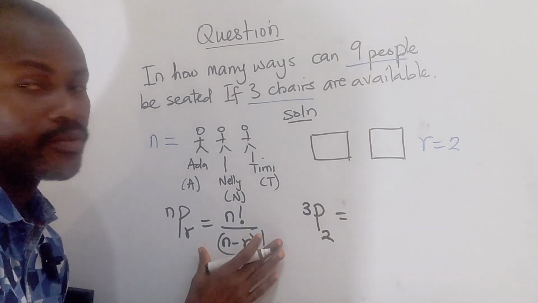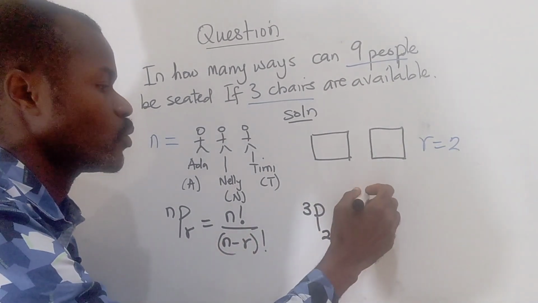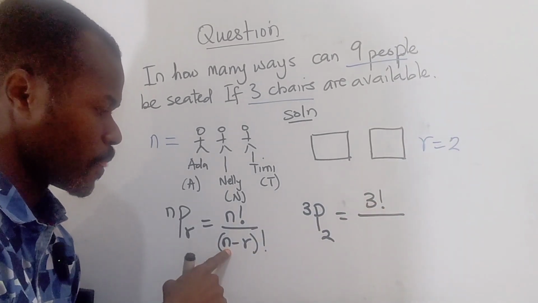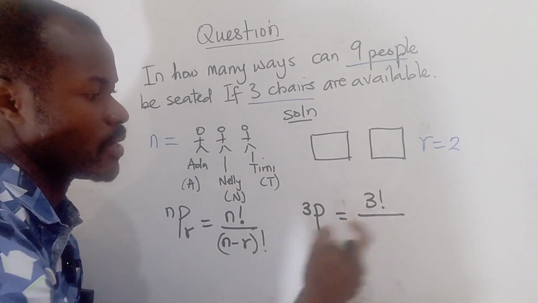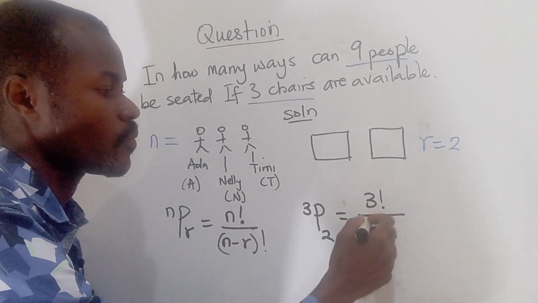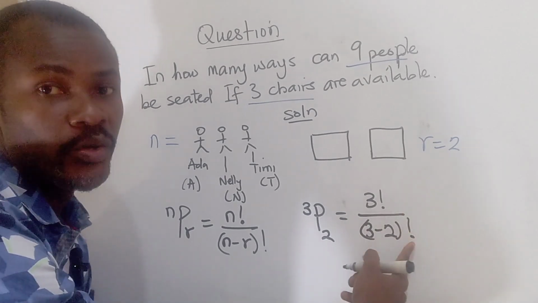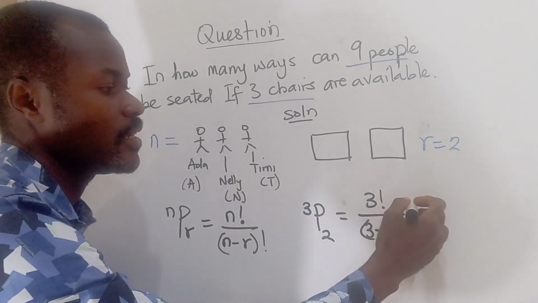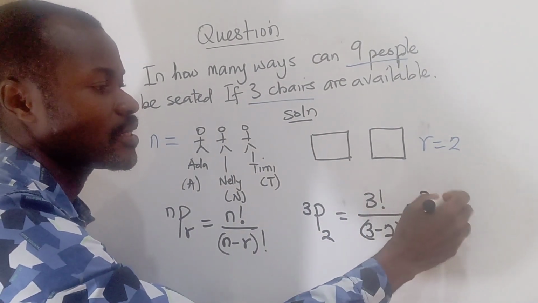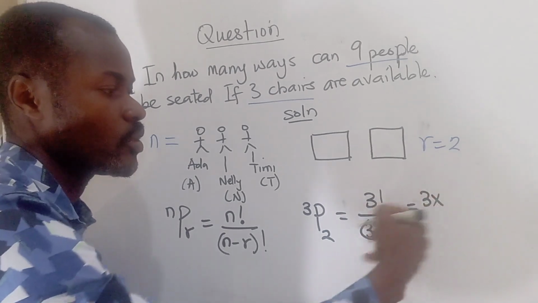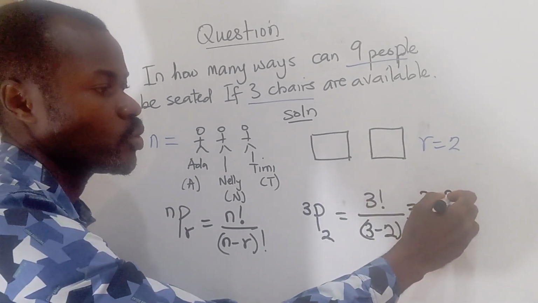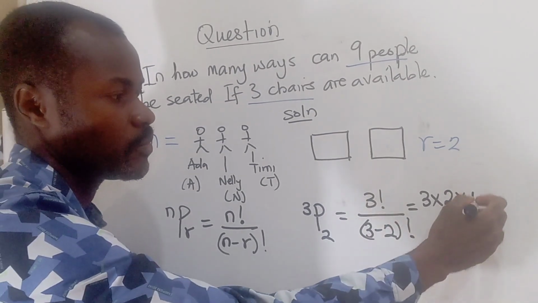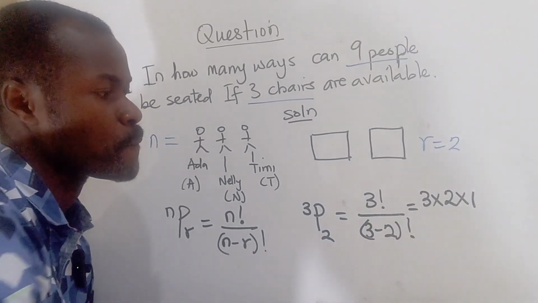We'll write this using the formula: 3 factorial divided by (3 minus 2) factorial. This sign is called factorial. With this, we can further simplify. 3 factorial means 3 times, going downwards, subtract 1 from 3 is 2, times subtract 1 from 2 is 1. So we'll stop there.